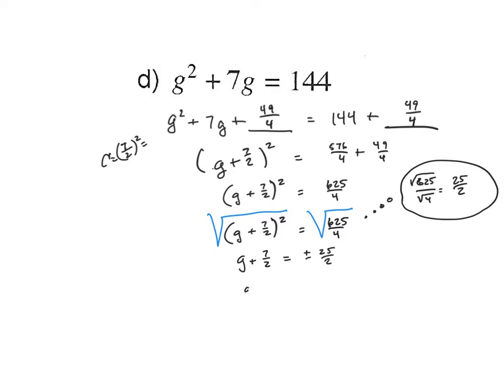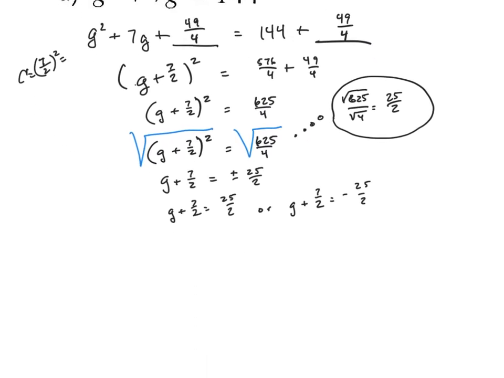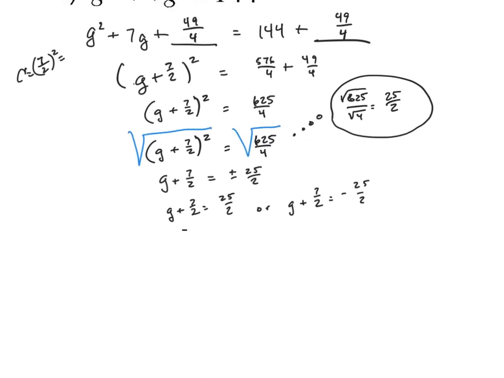So I'm going to have g plus 7/2 is equal to 25 over 2, or g plus 7/2 is equal to negative 25 over 2. Let's see here, I do my inverse operations on both sides.